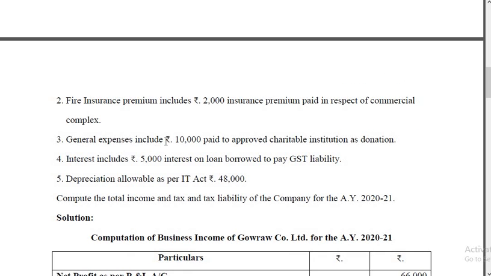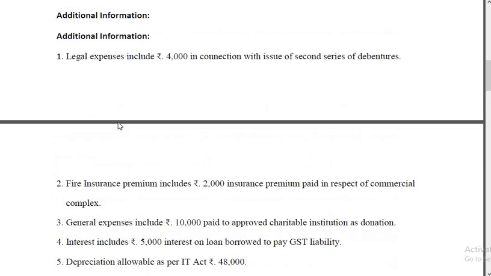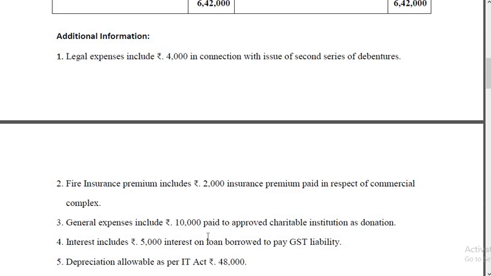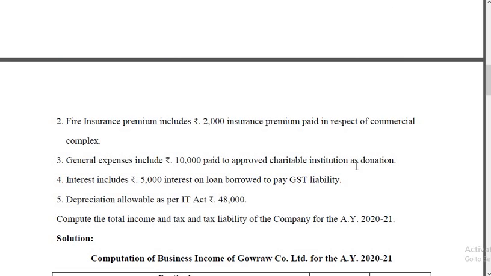General expenses include rupees 10,000 paid to approved charitable institution as donation. Look here, general expenses 90,000. These 90,000 include donation to charitable institution. So this is not allowed while computing business income. First it should be added back so that you will get business income.